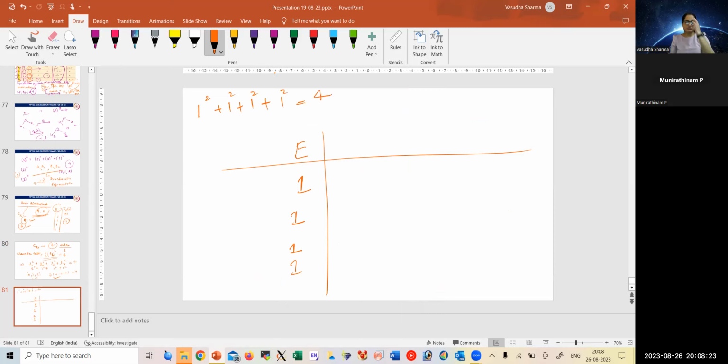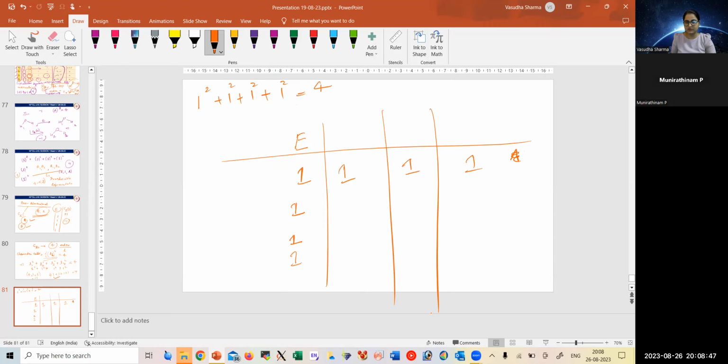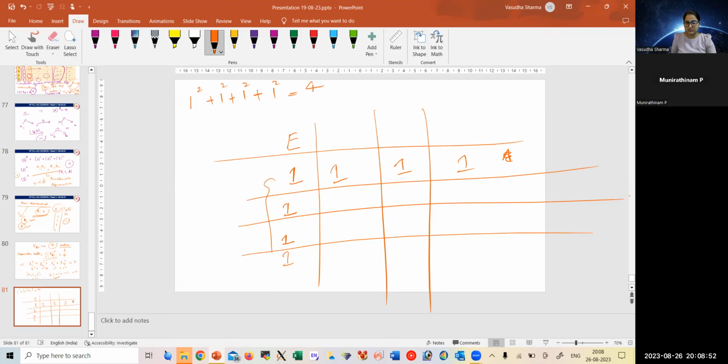Making the character table is a bit tricky because we have to follow all the steps: how to put the first column, then the second column. Now I made this first row as 1, 1, 1, 1. This is filled, and this is also filled, because these sums are equal to 4.